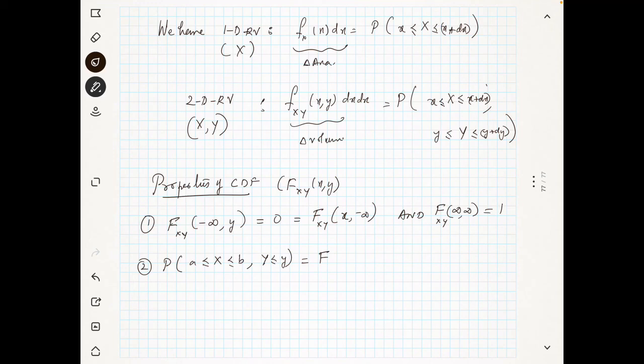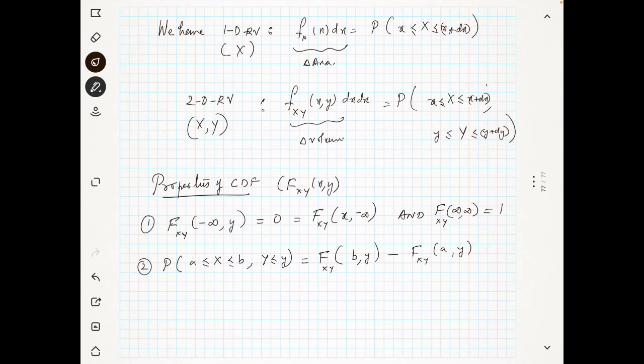It is nothing but F_XY of b, y minus F_XY of a, y. So it is the same as the previous formula, because you know that the probability that x takes the value between a and b is F_X of b minus F_X of a. But here there is a y also, that's why we are including y also.